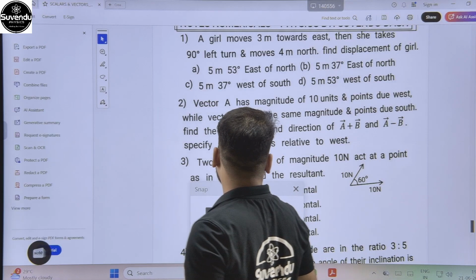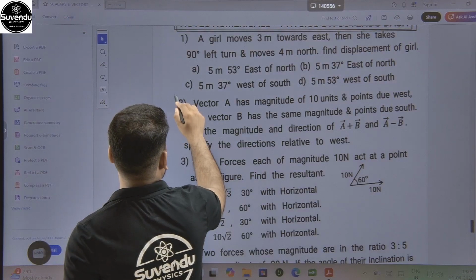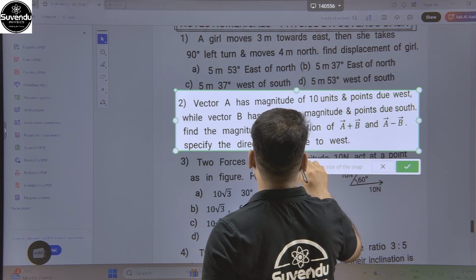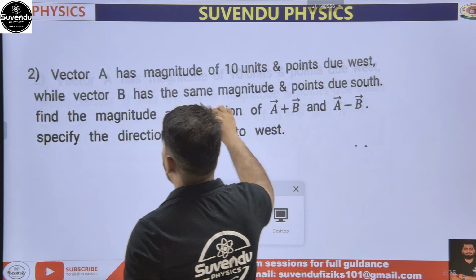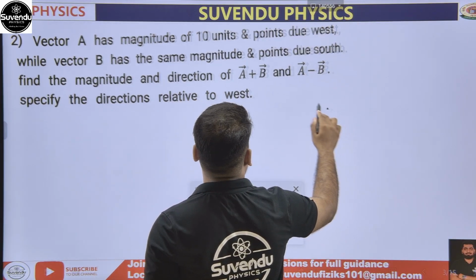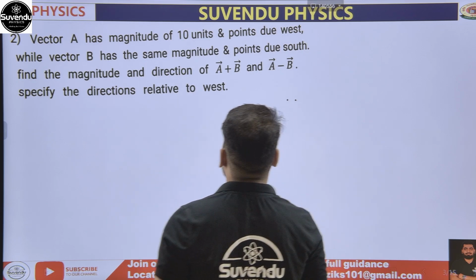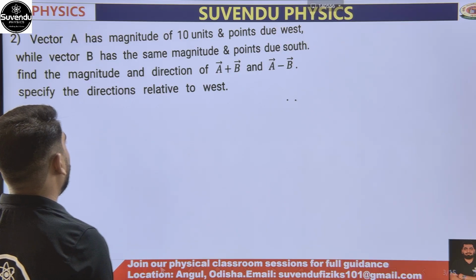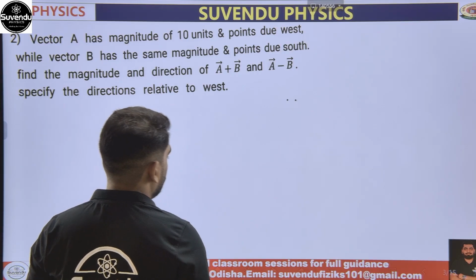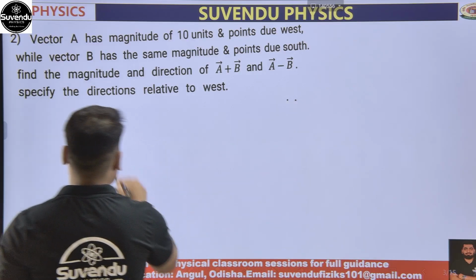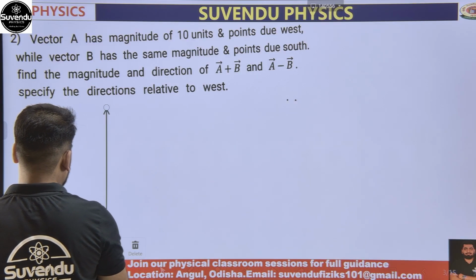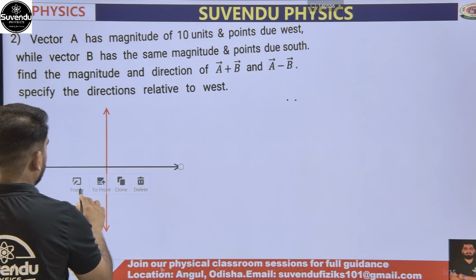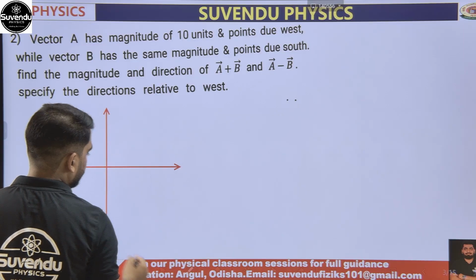Next, come to our second question. Vector A has a magnitude of 10 units and points due west, while vector B has the same magnitude and points due south. Again, we have to draw this type of diagram for the directions.